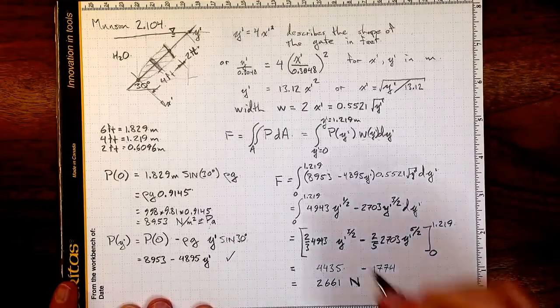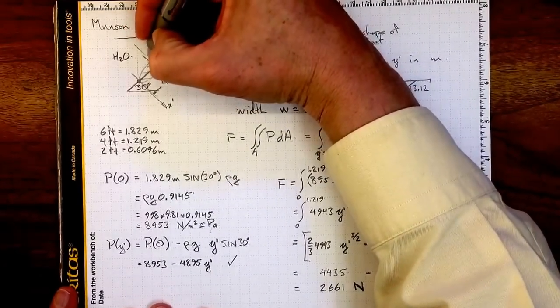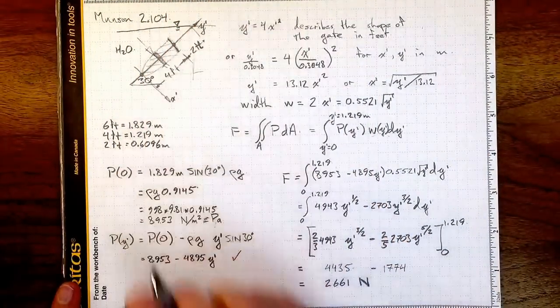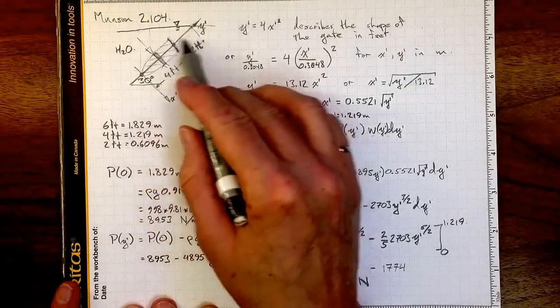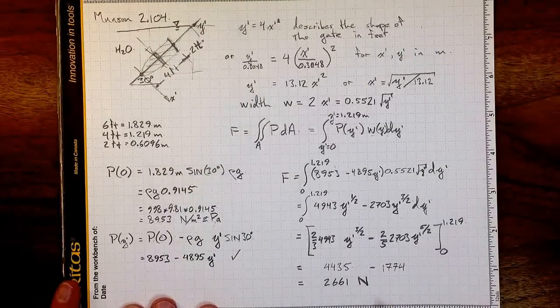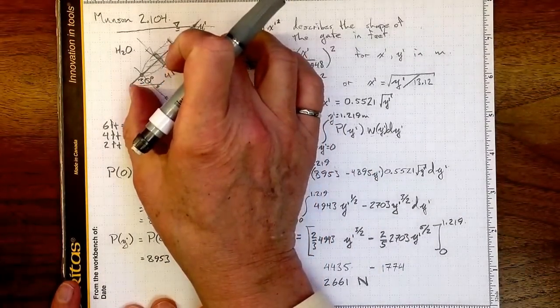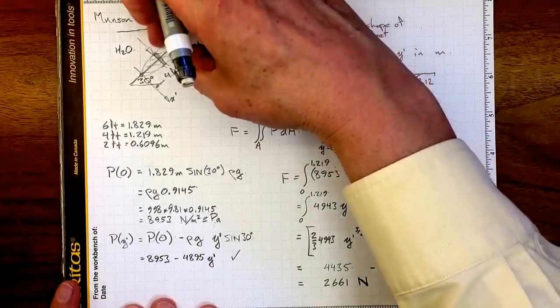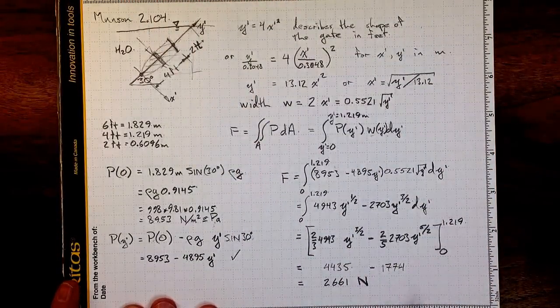So that's the force that I get acting this way on the gate overall because of the integration over the whole gate. Now let's check and make sure that makes sense. This thing's a little more than a meter in this direction and a little more than half a meter in that direction.